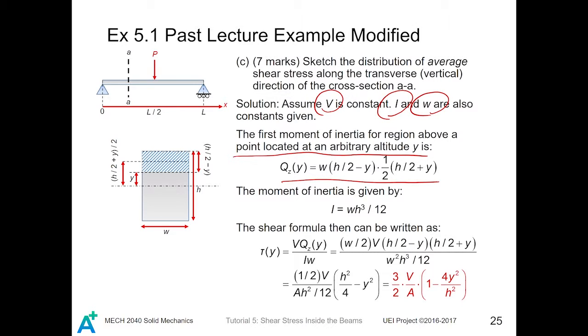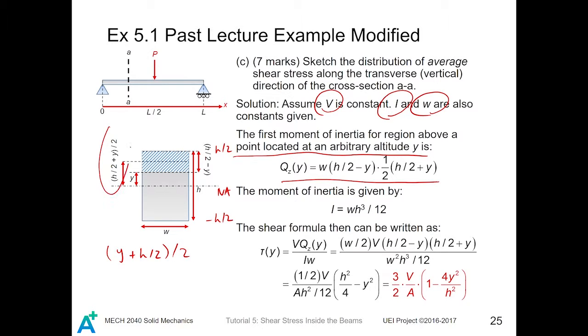So consider a piece of shaded area. This cross-section has a width of w and a height of h. This is the neutral axis, which means the upper end is given by h divided by 2 and the lower end is given by minus h over 2. The position of the axis of symmetry of this shaded area is given by y plus h divided by 2, divided by 2.